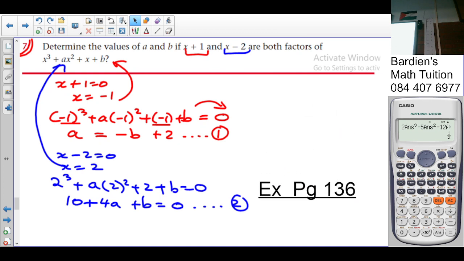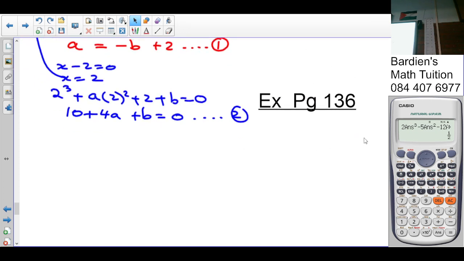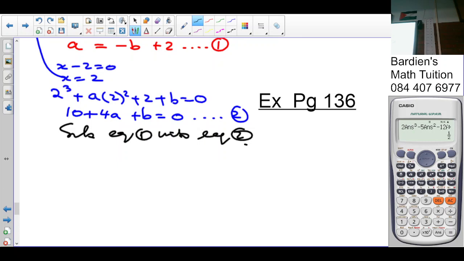So what can be done now? Now it's a simultaneous equation. So you're going to substitute equation 1 into equation 2. Okay.